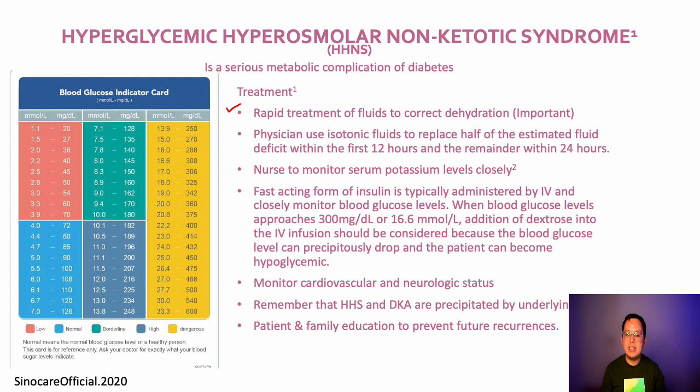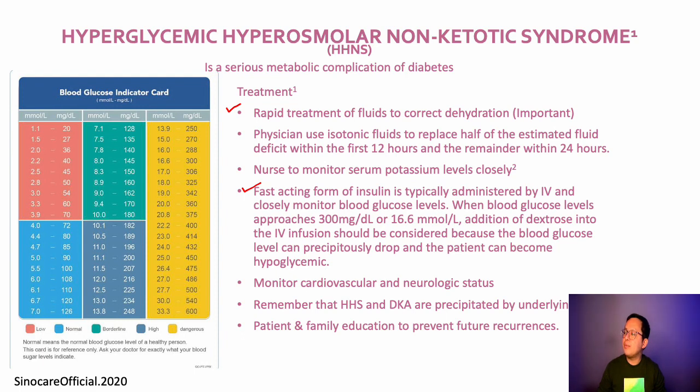Rehydration with replacement fluids alone can decrease serum potassium levels. Insulin therapy causes potassium to move into the cell along with glucose, further decreasing serum potassium levels. Fast-acting insulin is typically administered by IV, with close monitoring of blood glucose levels.